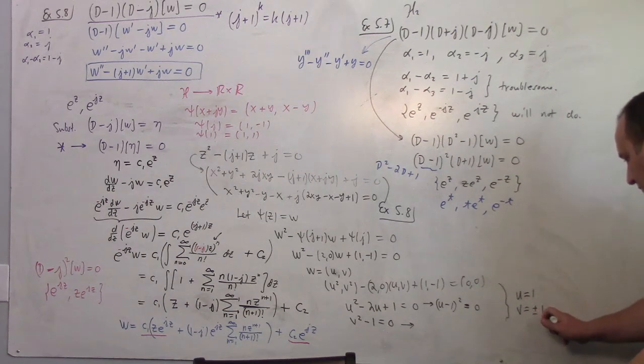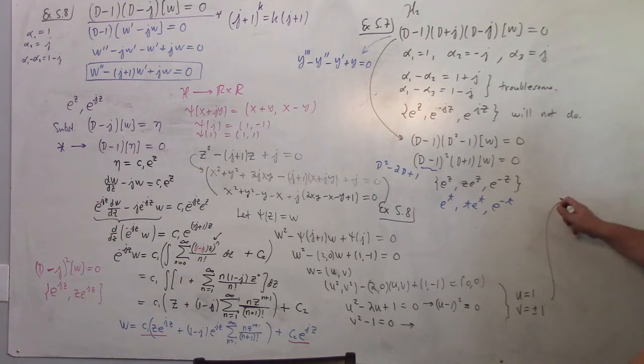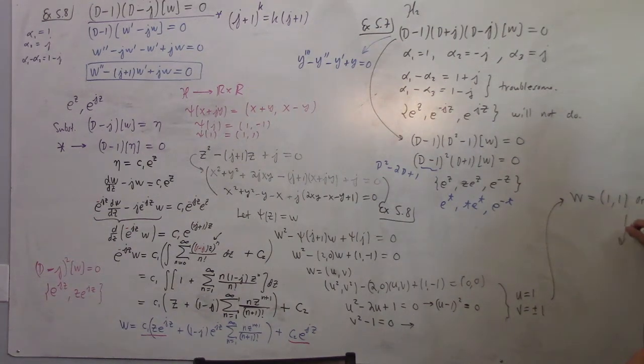So that gives me w equal to (1, 1) or (1, minus 1), which when you do the inverse map, you get 1 or j.